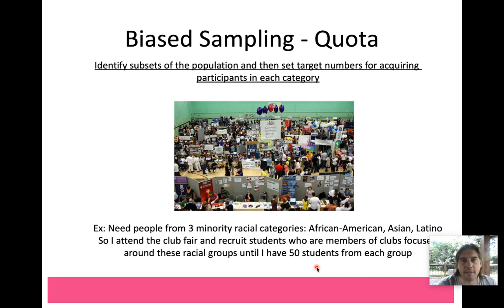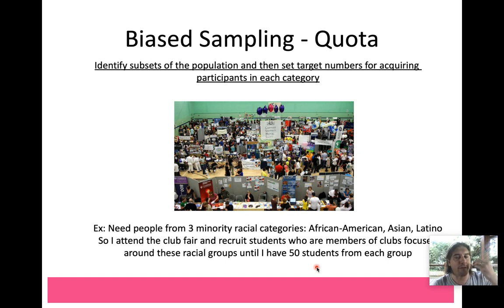So this is a biased sampling method because it's not representative of the population, right? So in this case, I would have 50-50-50 in my 3 racial groups. That's 150 students, evenly divided, right? A third, a third, a third. But these racial groups do not all equally make up 1/3 of the population, right?